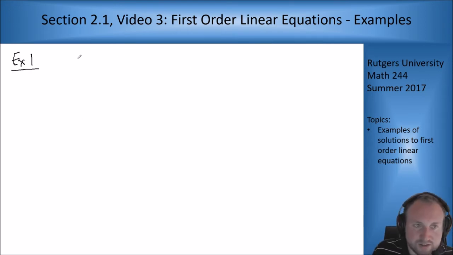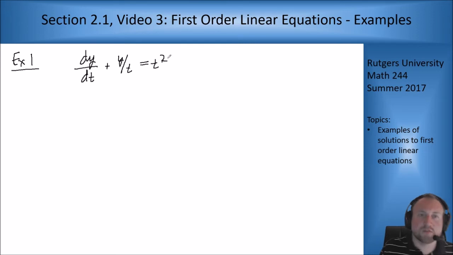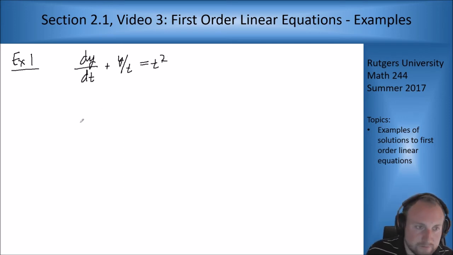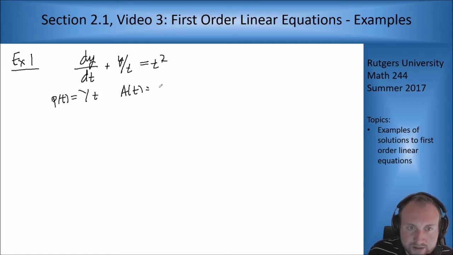So our first example is this ODE: dy dt plus y over t equals t squared. Let's go ahead and use that trick to find our integrating factor. So p of t is just 1 over t. So its antiderivative, A of t, is just log of t.